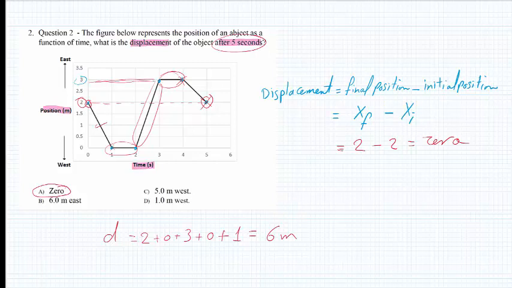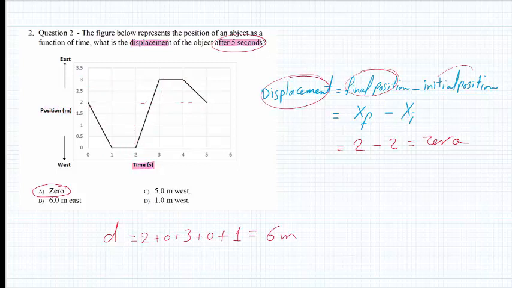What if he is asking you about the displacement during, let's say, the first 3 seconds? The displacement, as we mentioned, is final position minus initial position. So the displacement during the first 3 seconds, from 0 to 3 seconds, x final at the 3 second is in this position, so that's position 3.